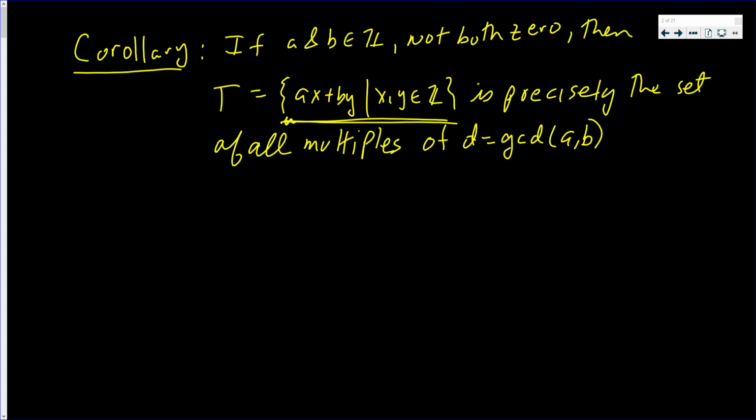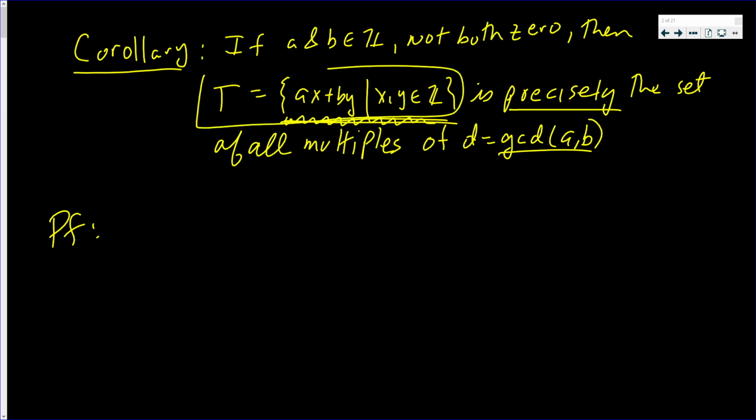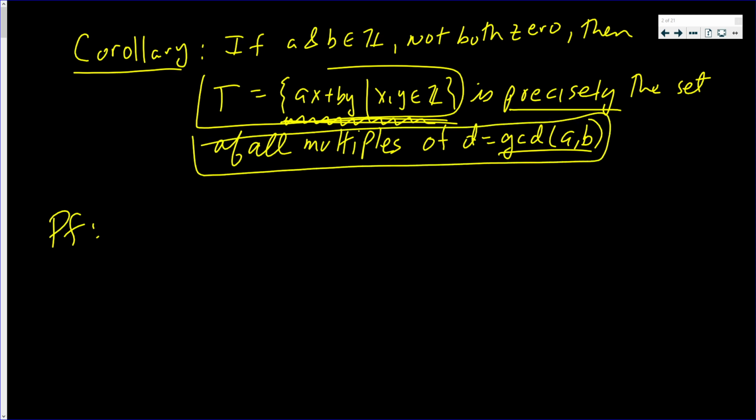That is, any linear combination of a and b is a multiple of the GCD. Heavy statement. It's an if and only if, because it's precisely this set. This here is precisely the set of all multiples. So it's an if and only if proof.